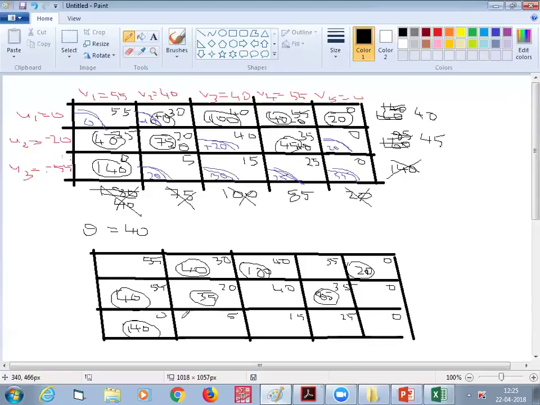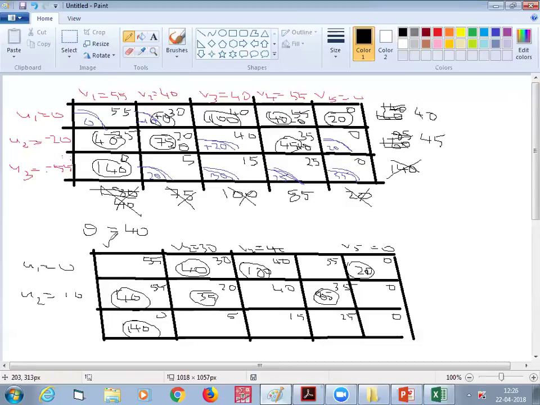So U1 equals 0, V2 equals 30, V3 equals 40, and V5 equals 0. Now here U2 equals 30 minus 20 is 10.